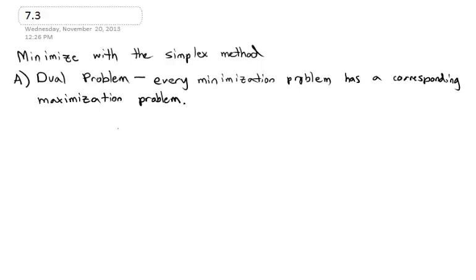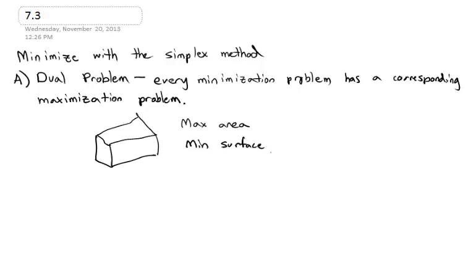The best example of this is if you look at a rectangular box. If you want to maximize the volume inside the box while you minimize the surface area of the box, both of these are the same problem as you work them out.